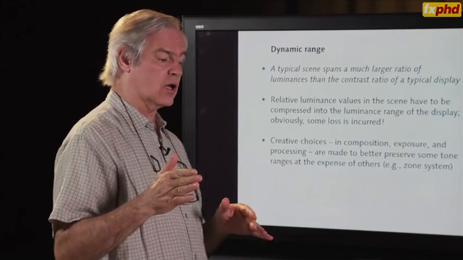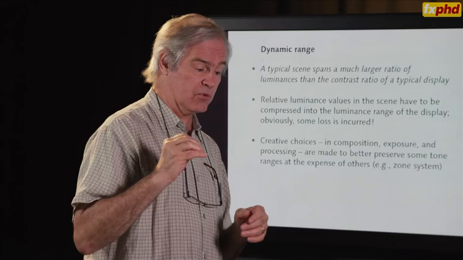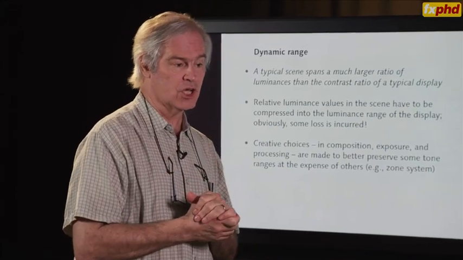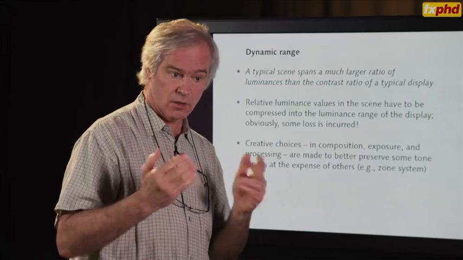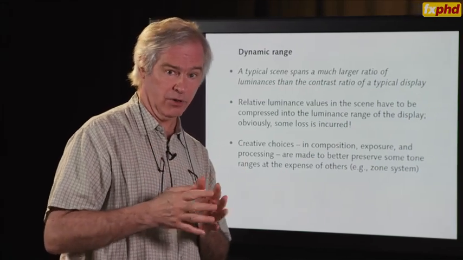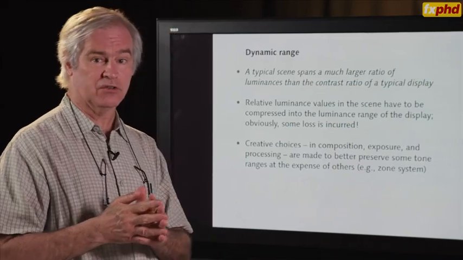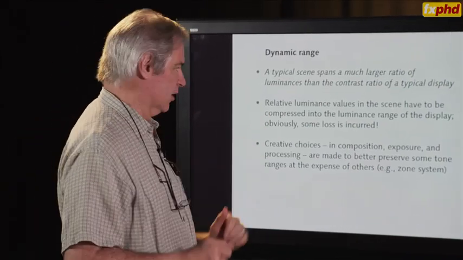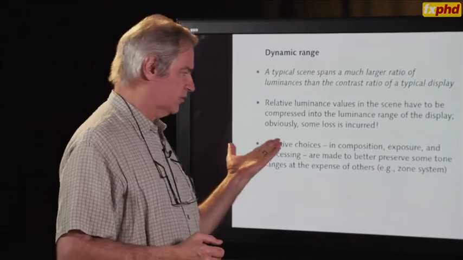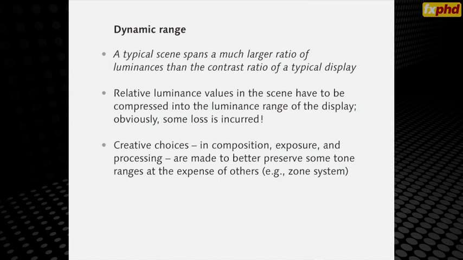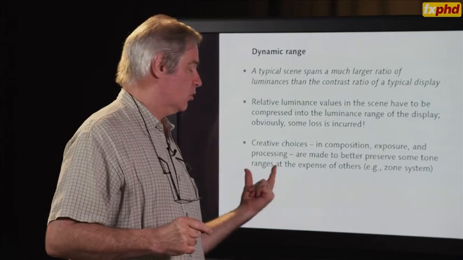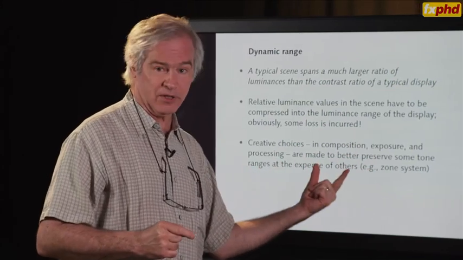And we don't do that process of reducing the range just using signal processing and algorithms. Some creative choices are involved in reducing that range as well. So here I suggest that changes in composition and exposure, even lighting, might be made to preserve some tone values at the expense of others.